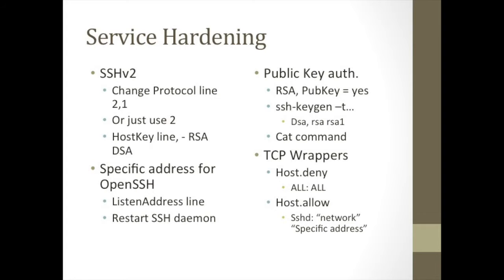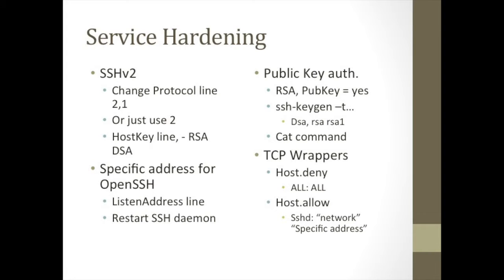The next hardening technique is binding a specific address for the OpenSSH, and you want a specific address because of the possibility of an untrusted or trusted interface on the machine. To do this, you actually have to go into the configuration file and change the listen address line.